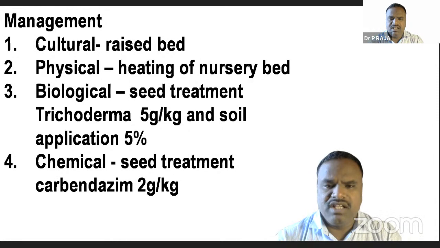I will take another visual class on how to do this biological seed treatment and the chemical seed treatment. For chemical seed treatment, we can use carbendazim, which is a chemical, and the recommended dose is 2 gram per kg of seed. How to mix and how to apply, I will explain in another class.